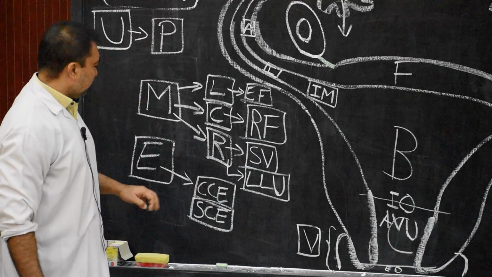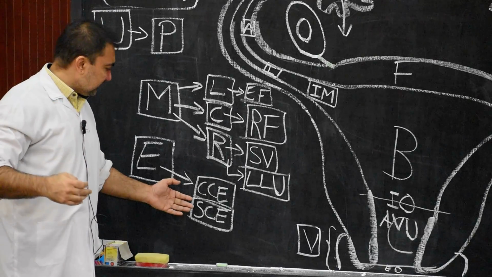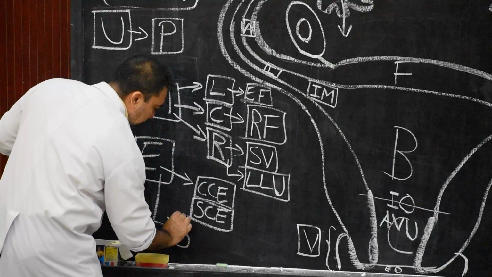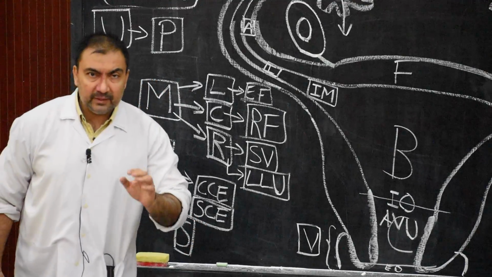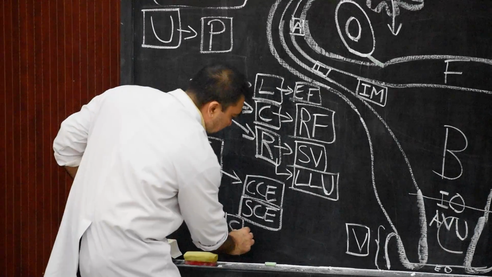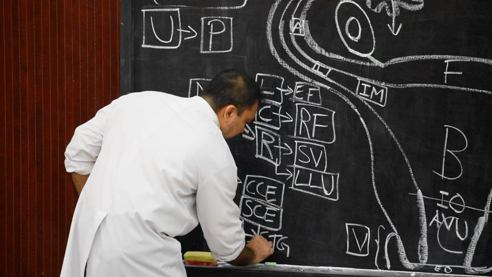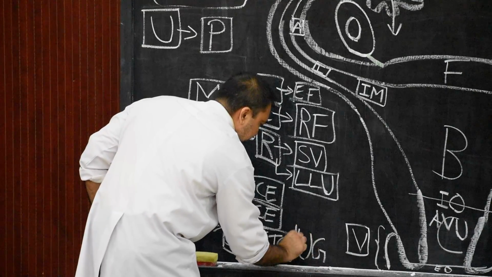Next important point: beneath the mucosa, beneath this epithelial lining, there is the stroma. This stroma contains connective tissue, and along with that it contains simple tubular glands. These simple tubular glands are known as uterine glands.